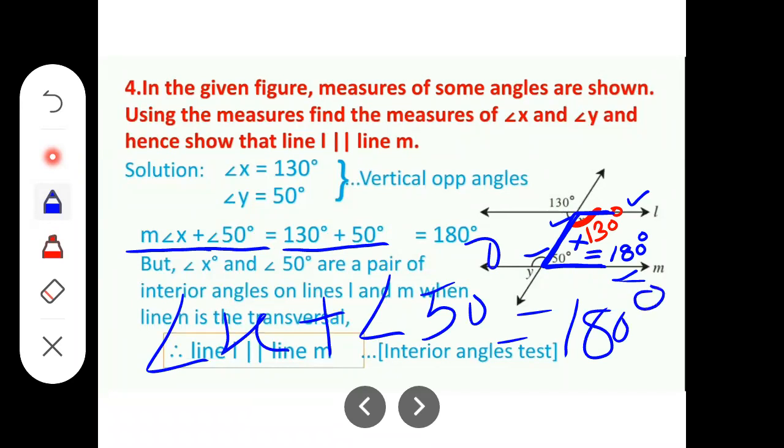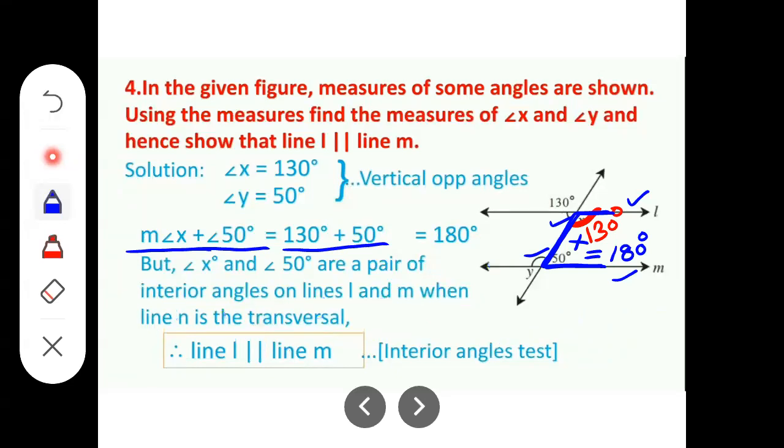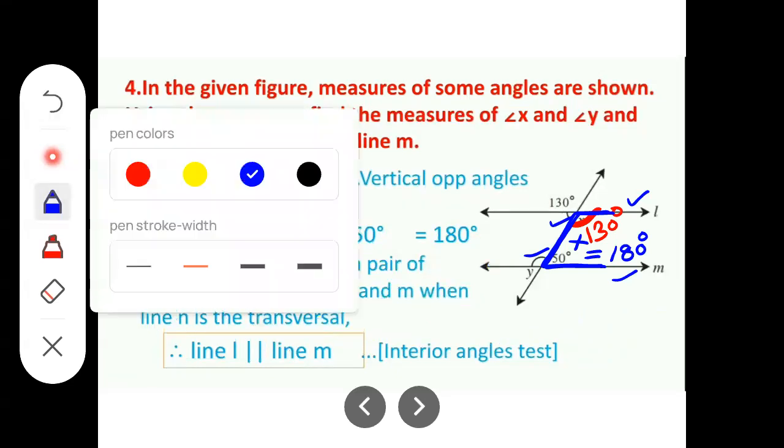Then put the value: angle x here is 130 degrees plus 50 degrees equals 180 degrees. Now the steps are written over here together.